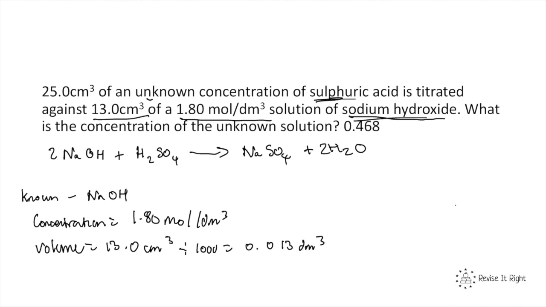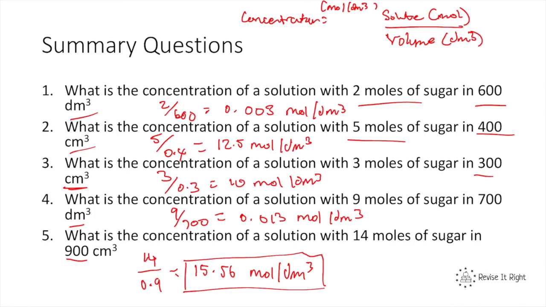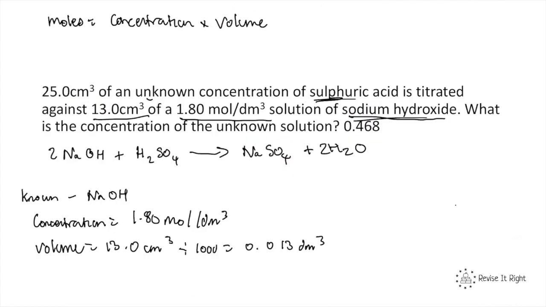0.013. And now we need to calculate the number of moles from this. If we rearrange the equation that we just looked at, we get moles is equal to concentration times volume.